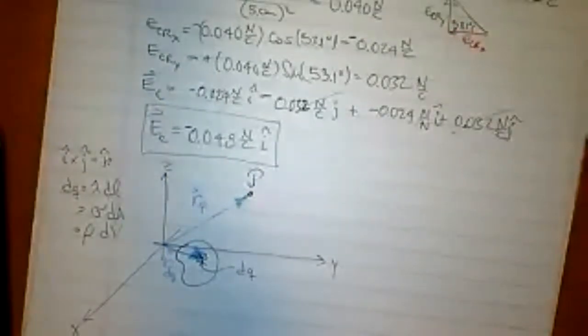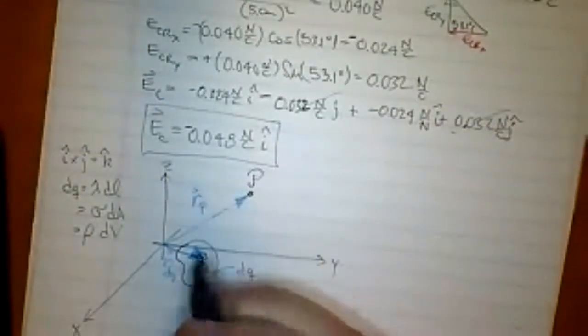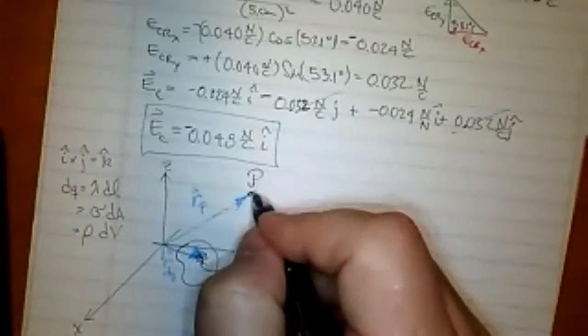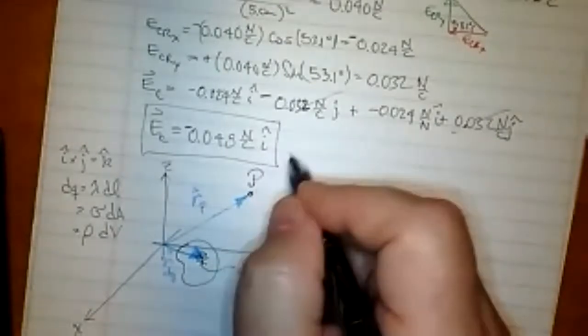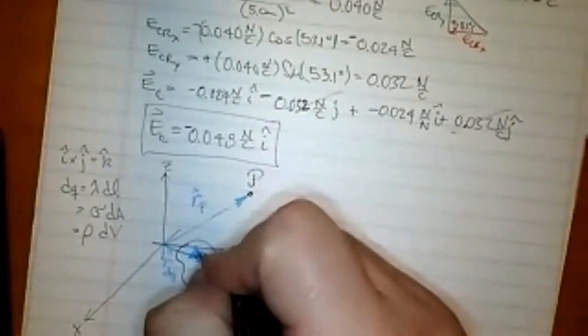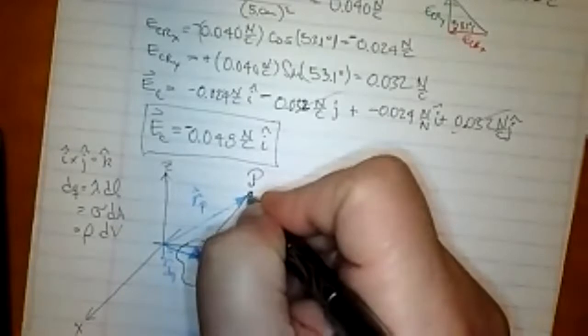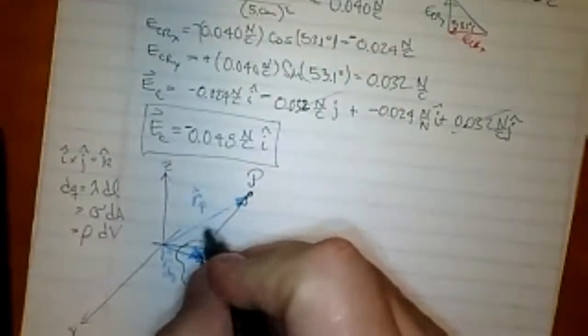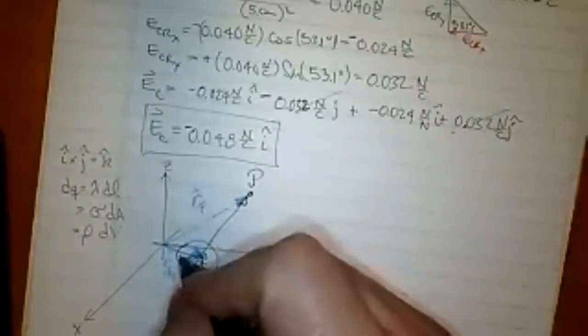Excellent. Yeah, very good. Now, if this charge is positive, and that's what we're going to assume dq is positive, then you want the force of the electric field to point away from it, right? So you want the vector that points this way. So if you look at that, you probably realize, oh, that's r_P minus r_dq.